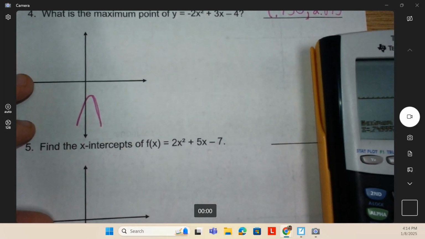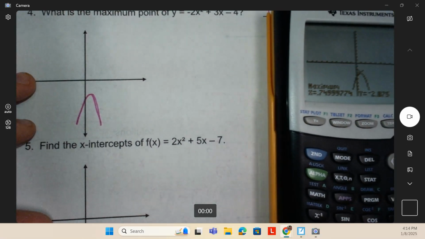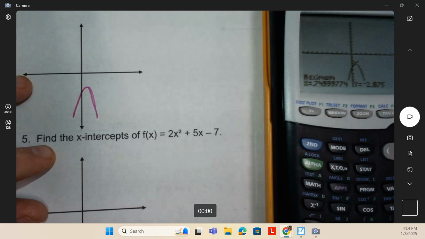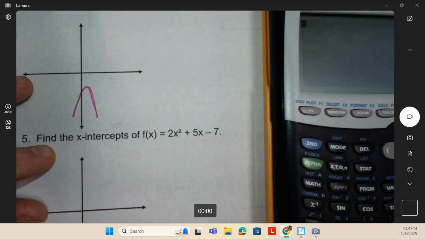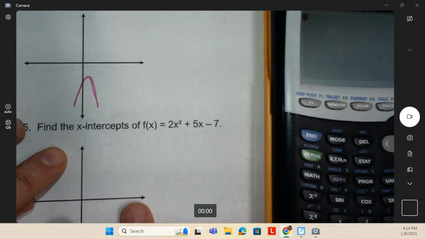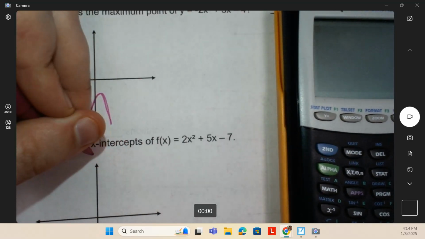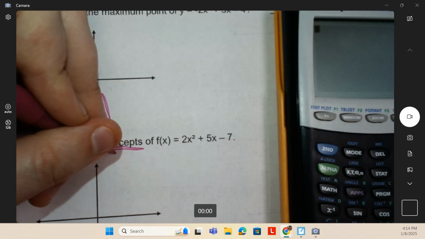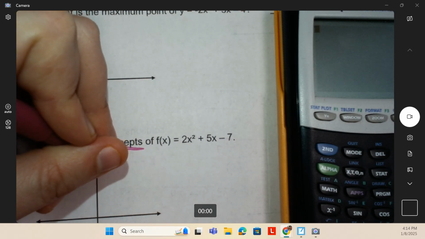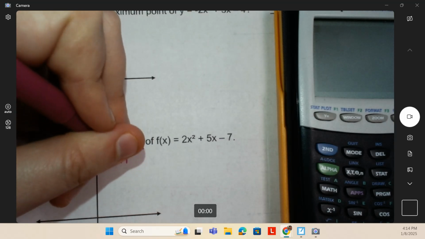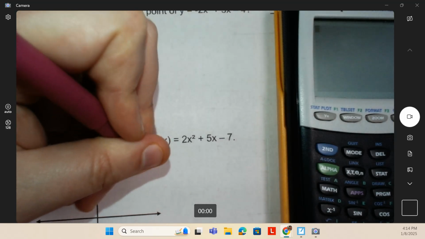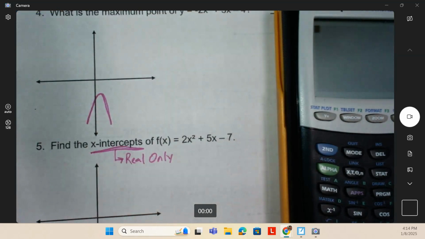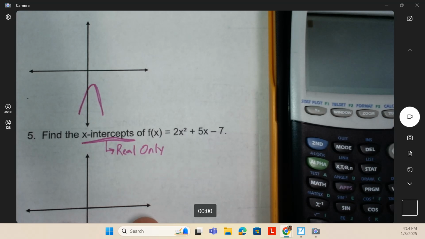Last thing, when I'm finding the x-intercepts, this is really technically just doing the same thing. Only if it's wanting to find the x-intercepts, then it would only be real solutions.